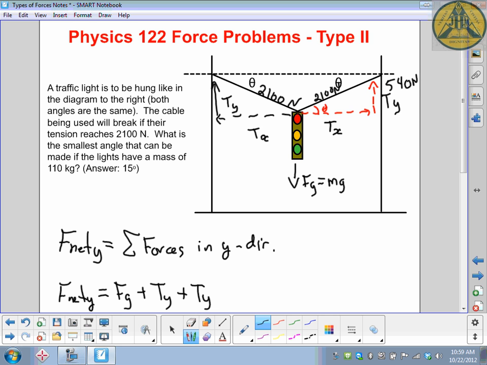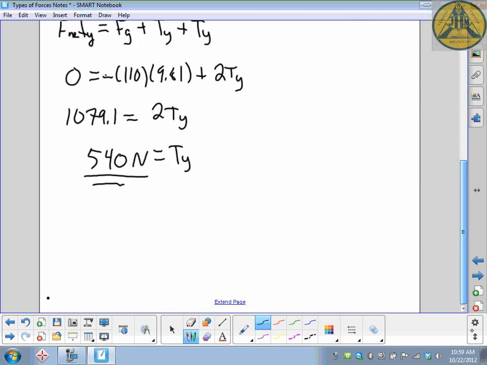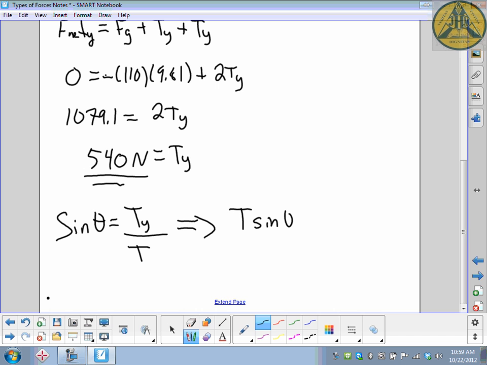Now we have the hypotenuse of that triangle and the opposite side, so we can figure out the angle. The sine of the angle in question is opposite, Ty, over hypotenuse, which is the full force of tension. Remember, that's 2100.